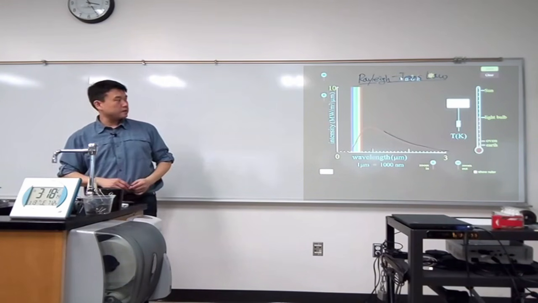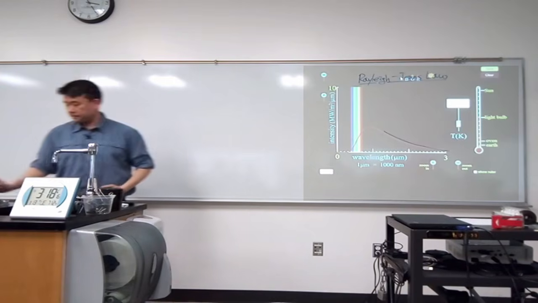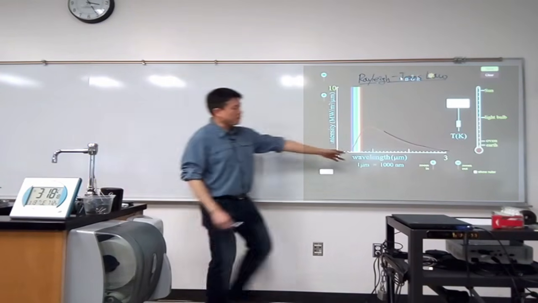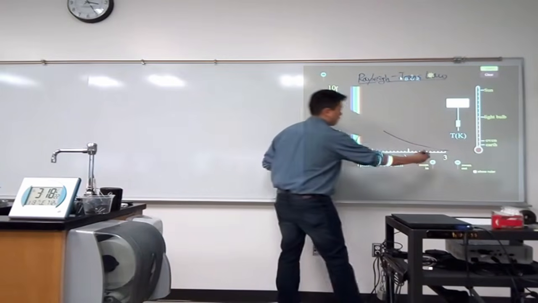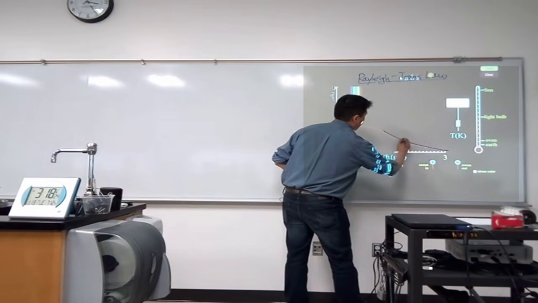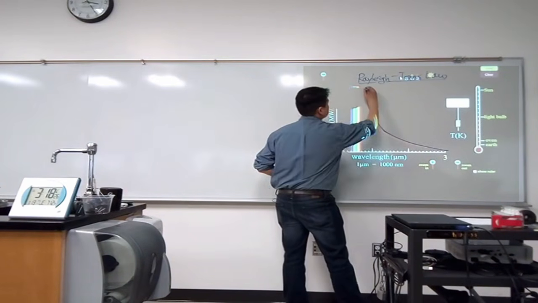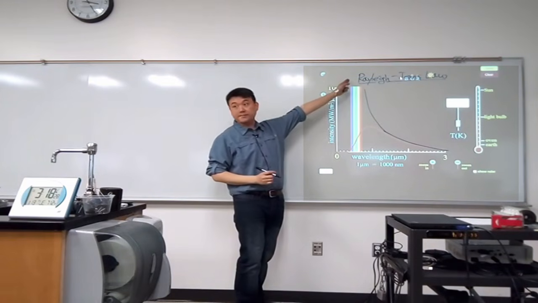But where the Rayleigh-Jeans law fails is when you run the calculation for shorter and shorter wavelengths. This is what the Rayleigh-Jeans law predicts. You can find this figure in the textbook. It just keeps on going up without limit.